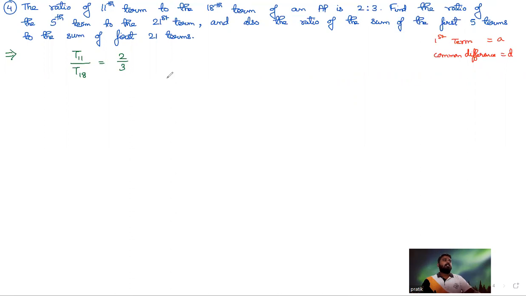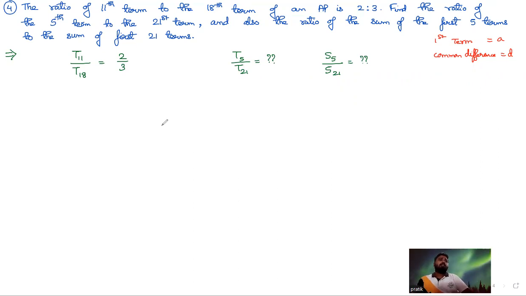Find the ratio of the 5th term to the 21st term. What do you have to find? You have to find T5 to T21. And also find the ratio of the sum of the first 5 terms, S5, to the sum of the first 21 terms, S21. So always write down what you have to identify, so that it becomes easier.